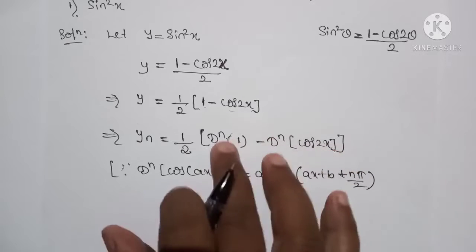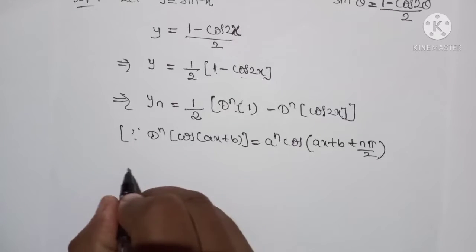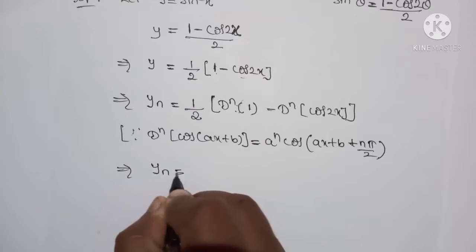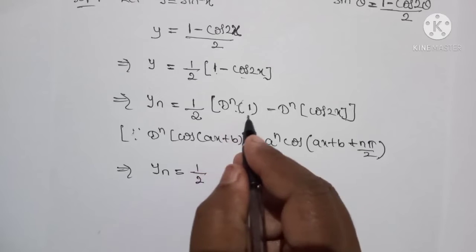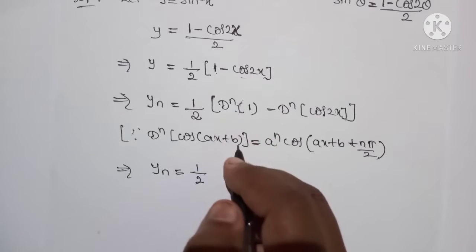We know the derivative of a constant is 0. You can write the nth derivative of 1 here, or directly consider it as 0. From the next problem we will directly take the constant value as 0. So y_n equals 1 by 2, and the nth derivative of this constant is 0.